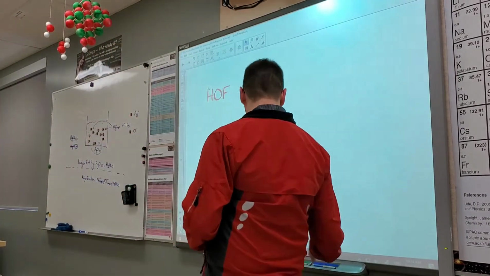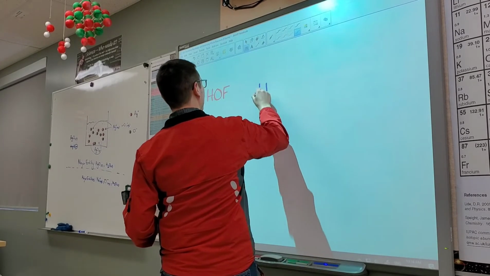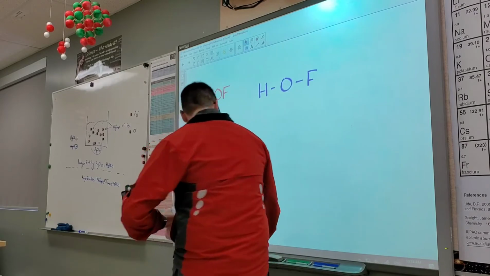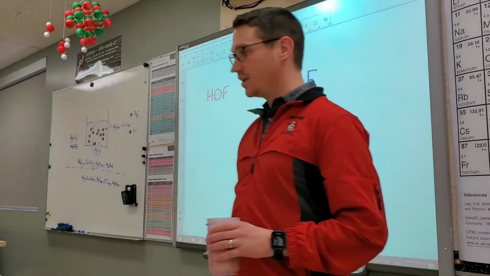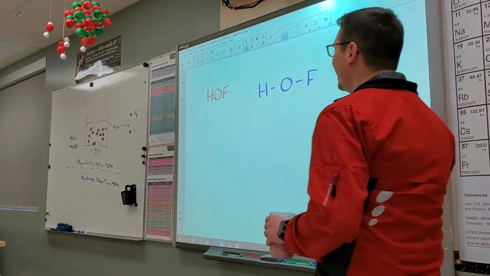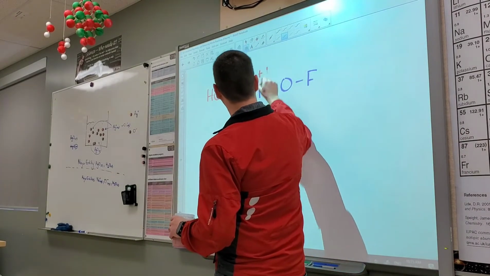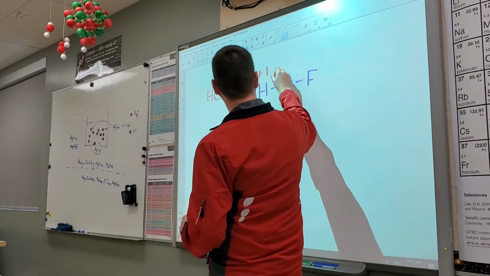So if we draw this out, H, O, F, and we think of our rules, right? Let's think of our rules. What is H normally? +1. What is oxygen normally? -2.